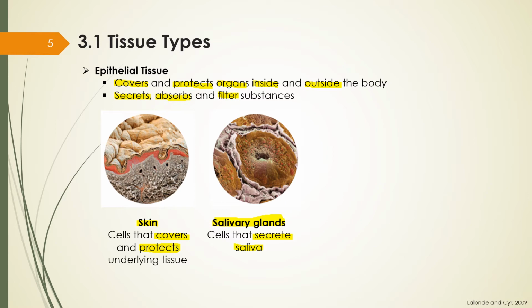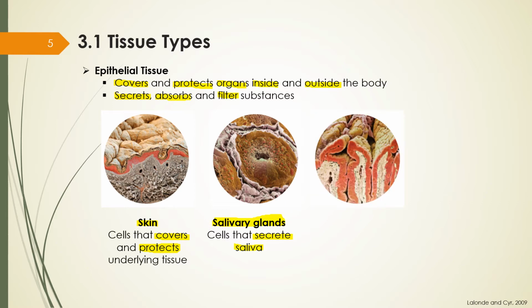So when you eat something, the salivary glands will secrete the saliva. And these glands are made up of epithelial tissue. So in this case, the epithelial tissue in your glands is secreting a substance. Which substance? Saliva.